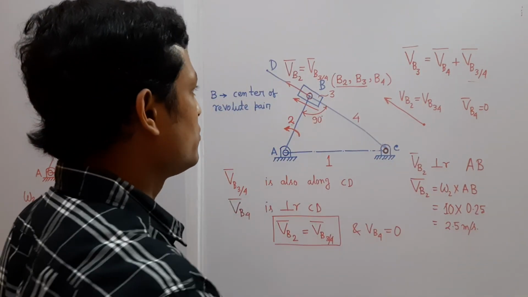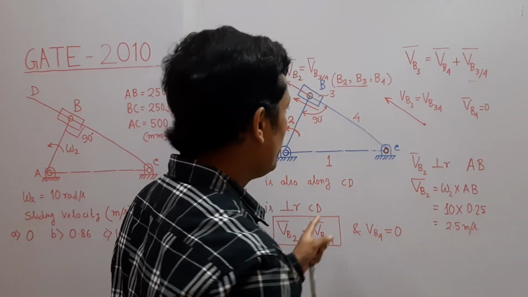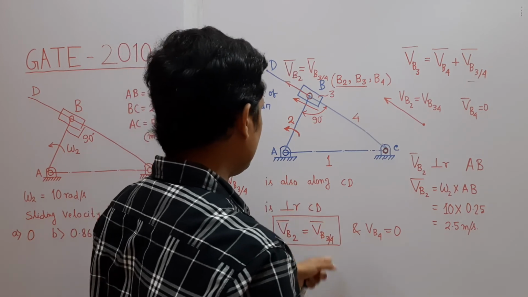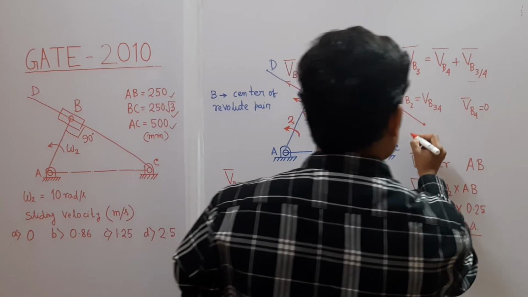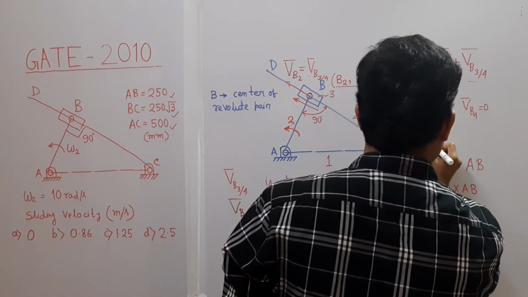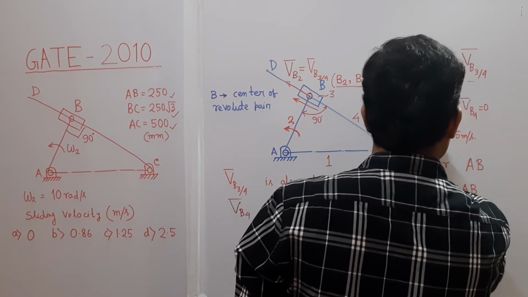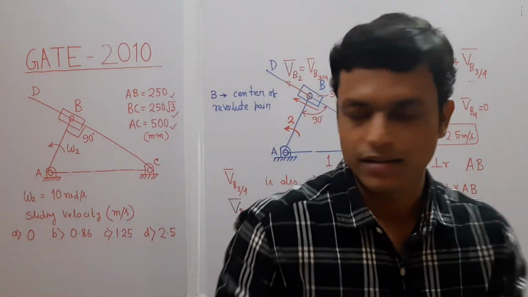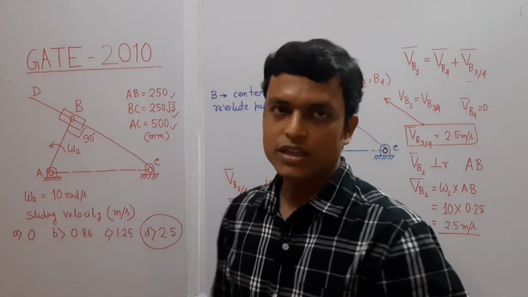As V4 becomes 0, omega 4 will also be 0. So the sliding velocity V3/4 is equal to V2, and V2 is 2.5 meter per second. So the sliding velocity is 2.5 meter per second, and option D is correct.